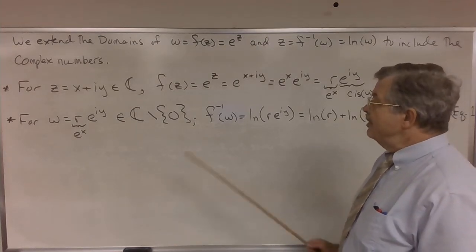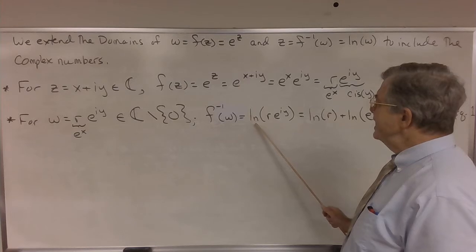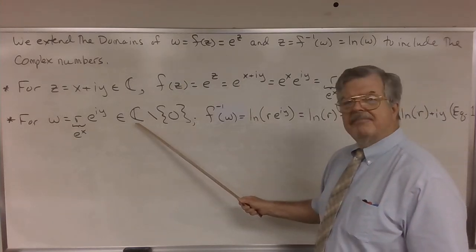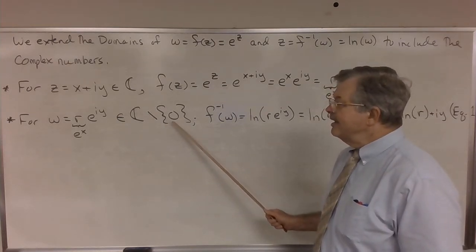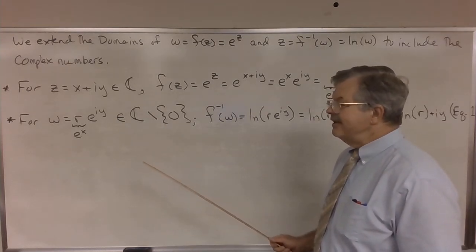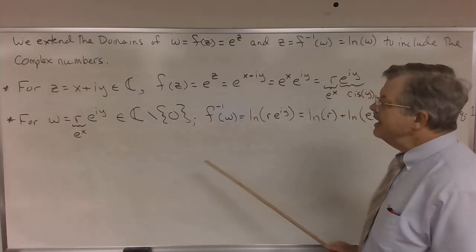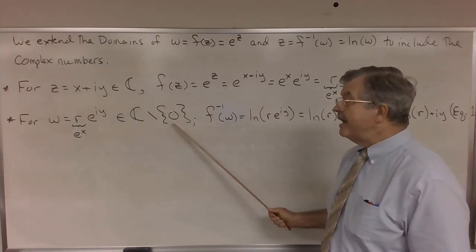So the domain for f inverse of w, the natural log function, consists of all complex numbers except 0. So we've extended the definition in the domain of the natural log function to include the entire set of complex numbers except for 0.